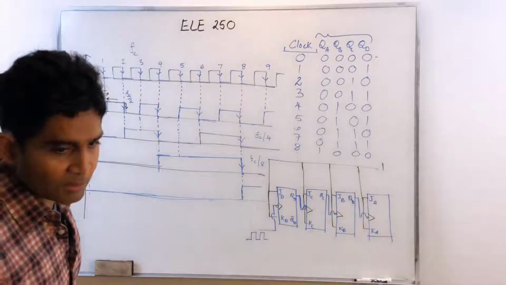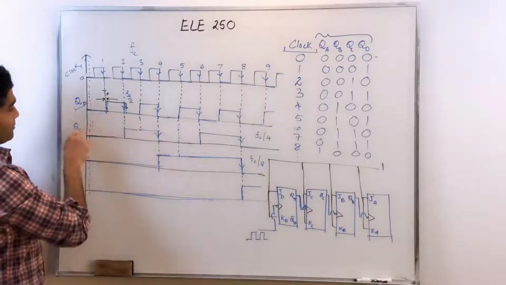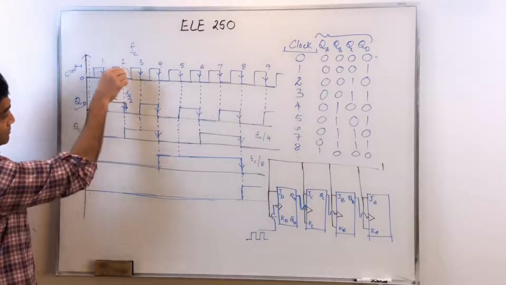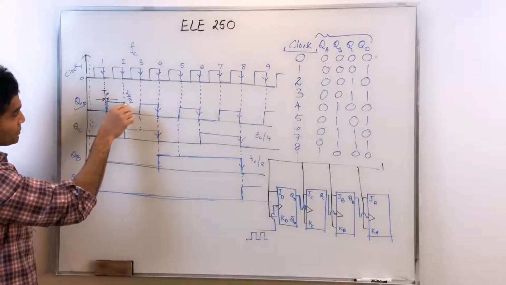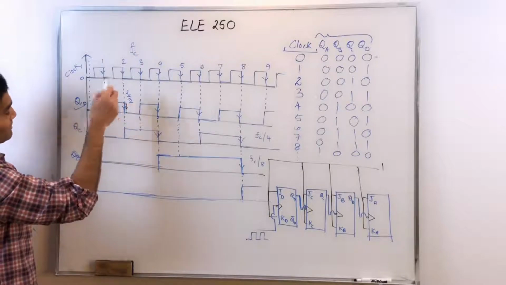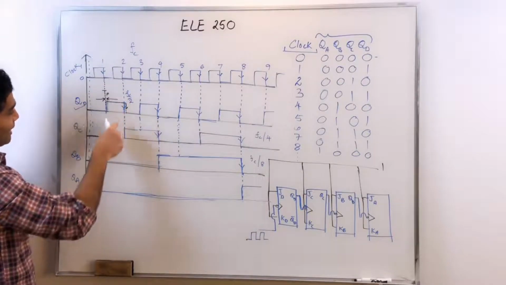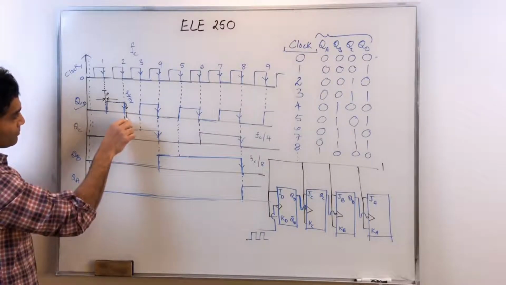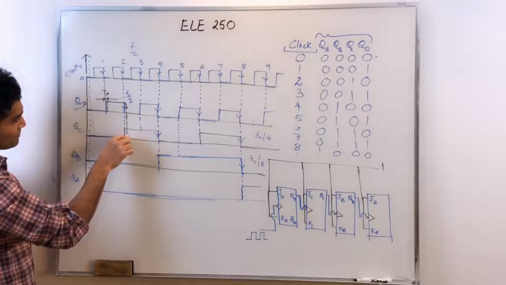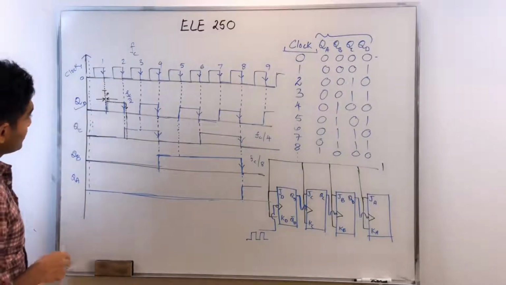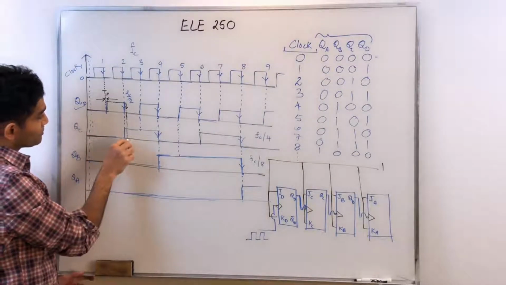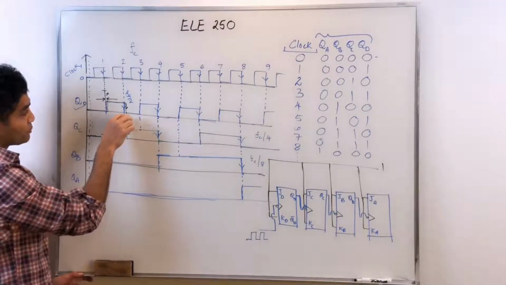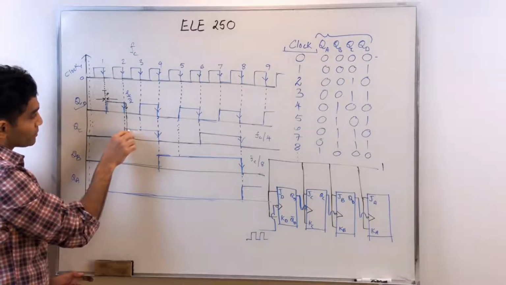QC was supposed to switch corresponding to this active edge of the master clock, but this is the clock applied to my JC flip-flop. So instead of switching here, because it has its own timing delay, it's going to switch here.